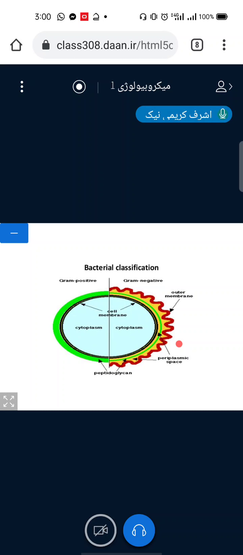Peptidoglycan is present in the periplasmic space in gram-negative bacteria.